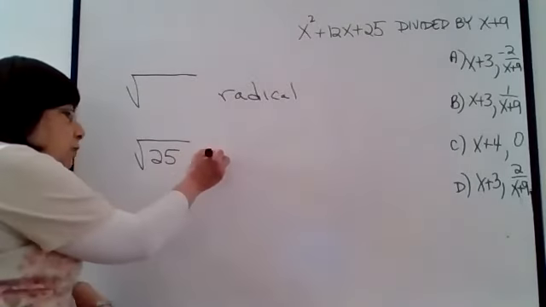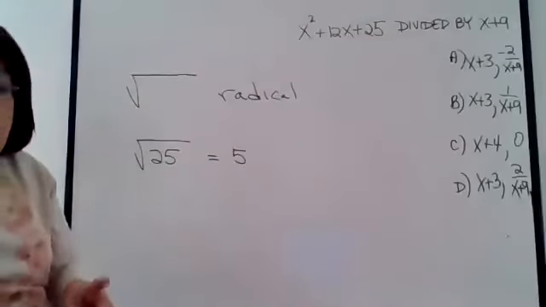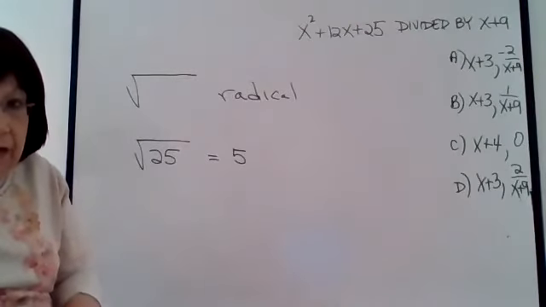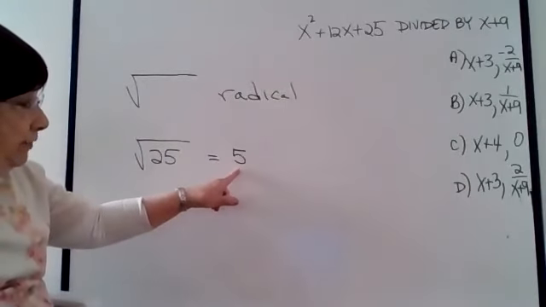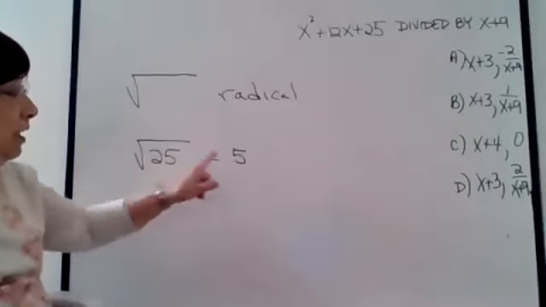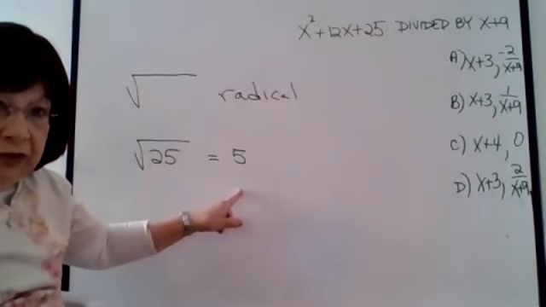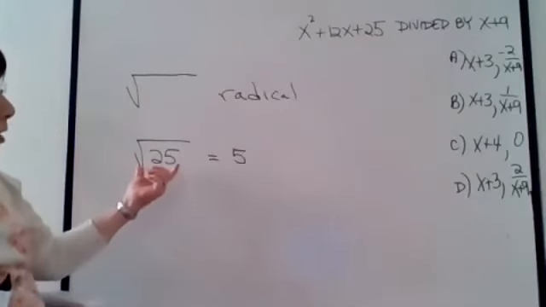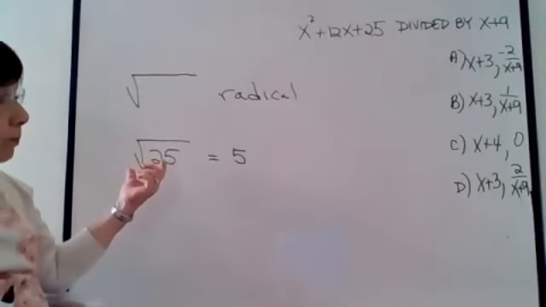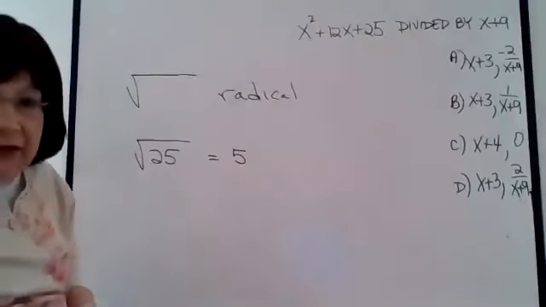Now, I think everybody would realize that that number is 5. Actually, if you think about it, there could be another answer to that, because not only does 5 times 5 give you 25, -5 times -5 gives you 25. But when we use this radical sign, we always want what's called the primary radical square root, or the principal square root, which is the positive one.